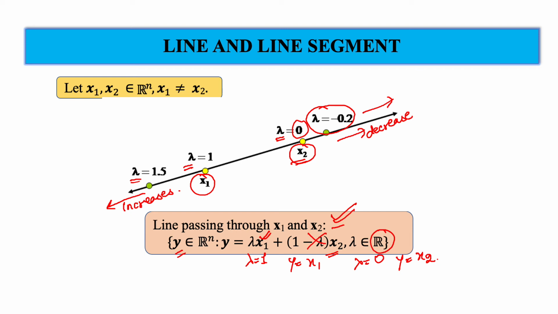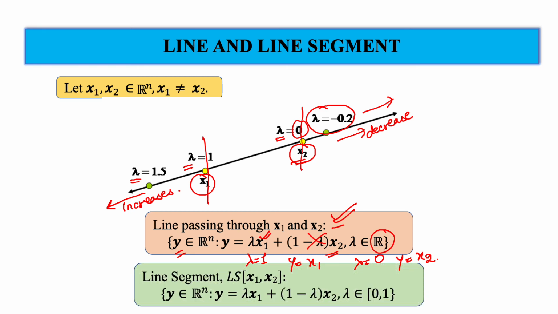Now if you restrict yourself to the line segment between x1 and x2, it can be written as y equal to lambda x1 plus (1 minus lambda) x2. Remember that lambda takes values in the closed interval 0 to 1. So unlike the line, where lambda can take any real value, when we talk about the line segment, lambda takes values in the range 0 to 1.